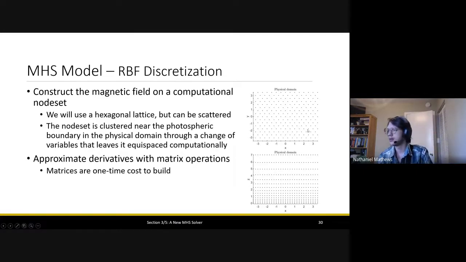And we'll build a derivative approximation that is a big matrix that when you pass in a vector that represents the magnetic fields at all of these places, it gives you a derivative of the magnetic fields at all those places. And the way we build that differentiation matrix is sort of the fancy part of this, because radial basis functions can do it even when your nodes are scattered. A lot of methods, standard finite differences, they have to be on a lattice. Finite element is a little bit more general, but hard to work with.